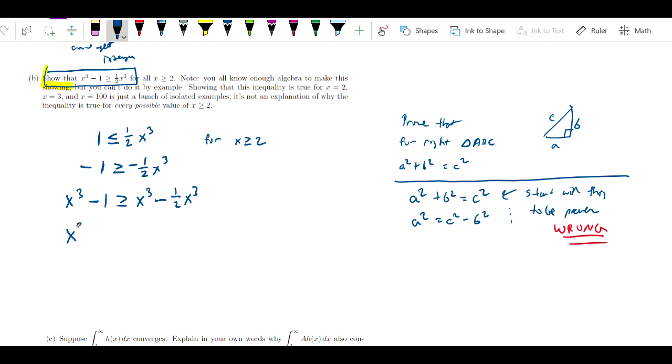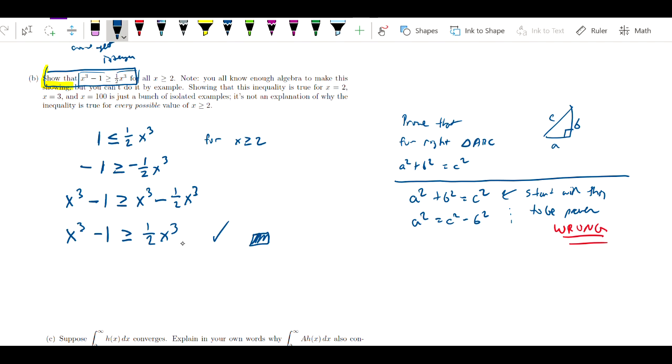So I have x cubed minus 1 is greater than or equal to x cubed minus 1/2 x cubed, which is just 1/2 x cubed. And there we go. That's the statement to be proven. Good. I'm going to put a little end of proof symbol there. We've proven the statement.